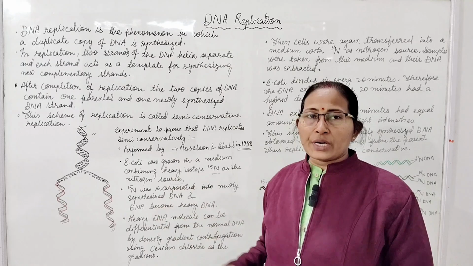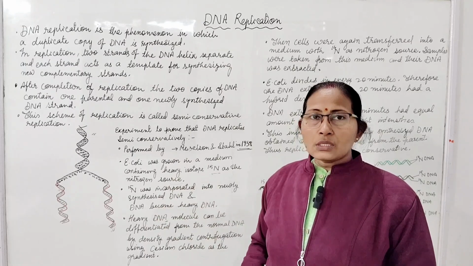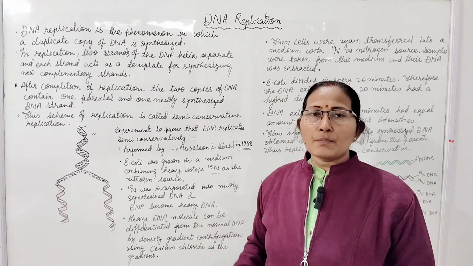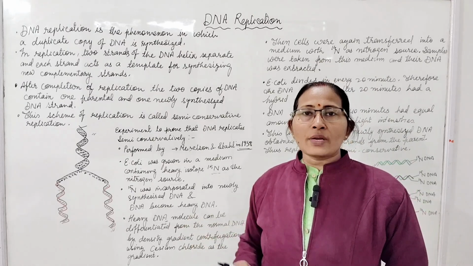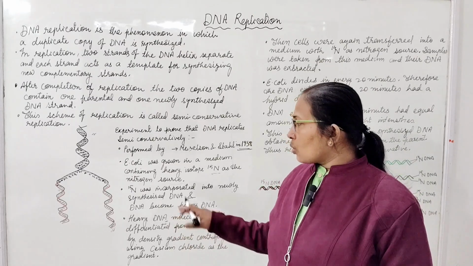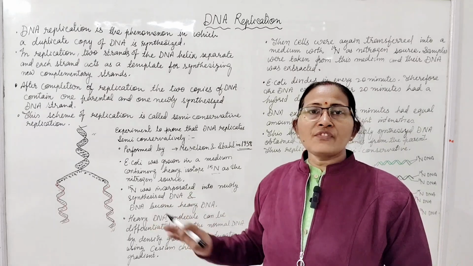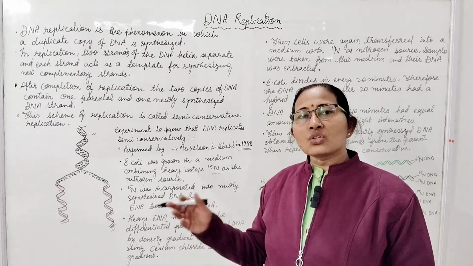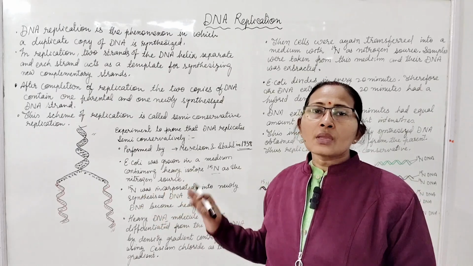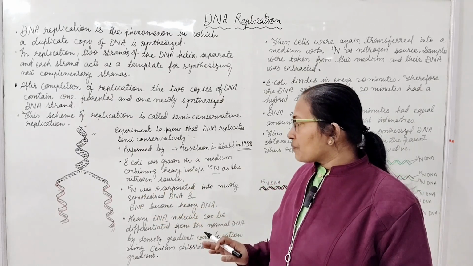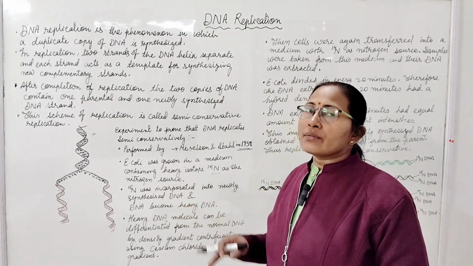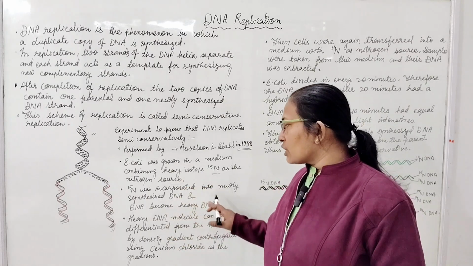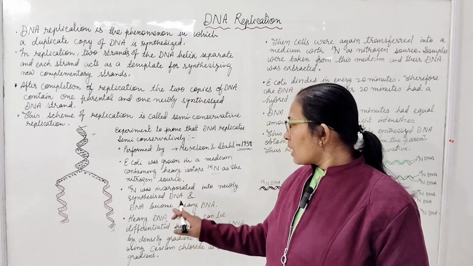N15 was incorporated because we know that nitrogen is a main constituent of DNA. So, N15 nitrogen was incorporated into the newly synthesized DNA of the E. coli bacteria. The DNA became heavy DNA because heavy isotopes were used.